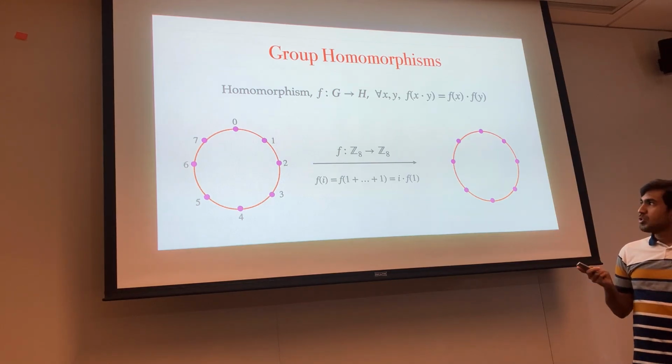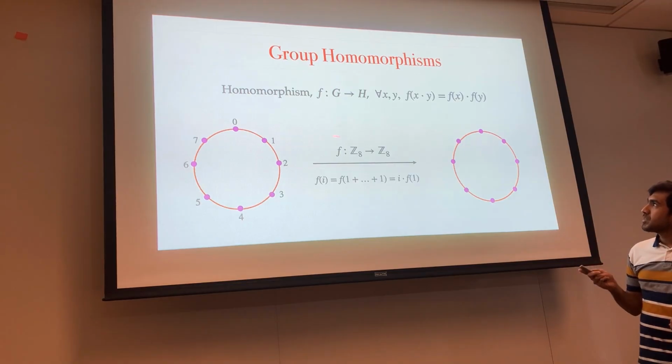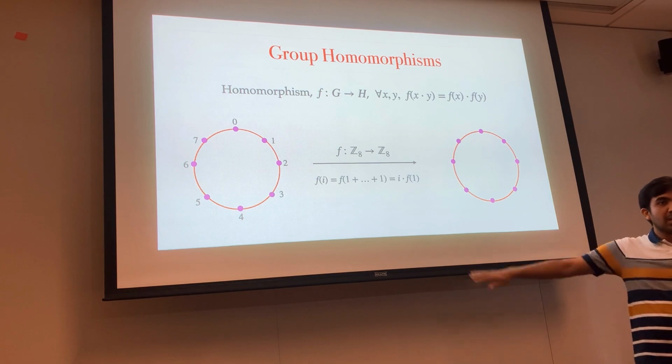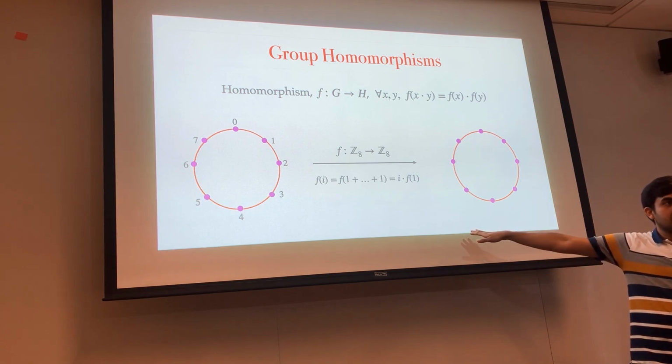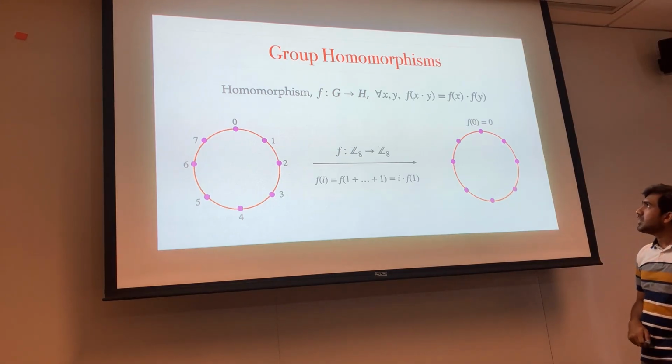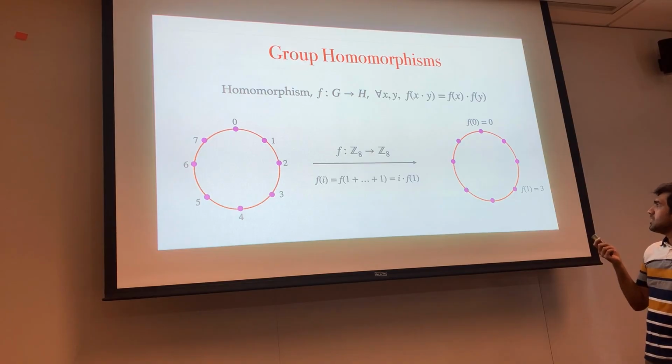So what this homomorphism constraint tells you is that the function is determined by its value at 1. Once you tell me what f of 1 is, the function is determined. So clearly it's a much smaller class of functions. An arbitrary function would have much more freedom. So yeah, if f of 1 was 3, then f of 0 has to be 0, f of 2 would be 6, f of 3 would be 9, which is 1 mod 8, and so on.